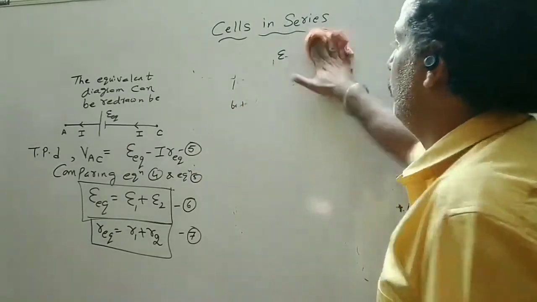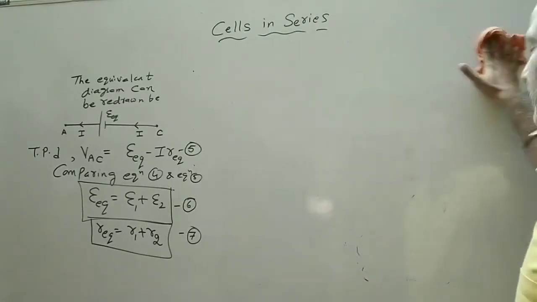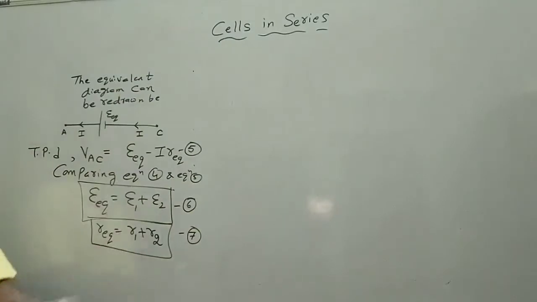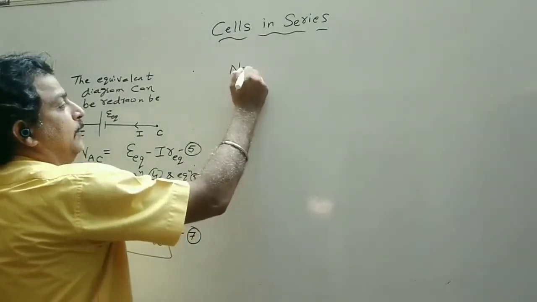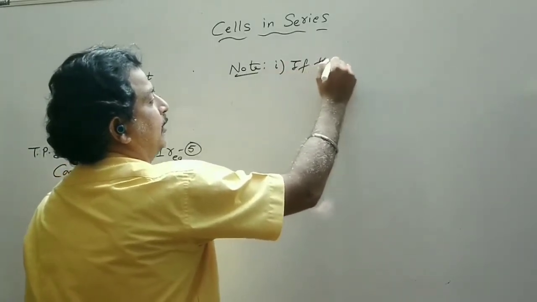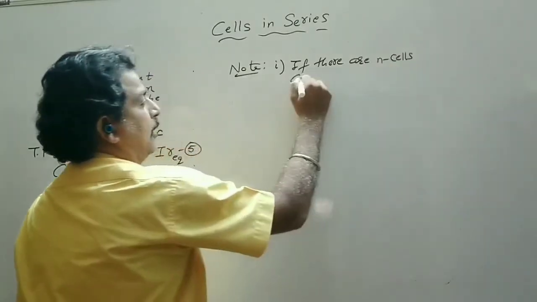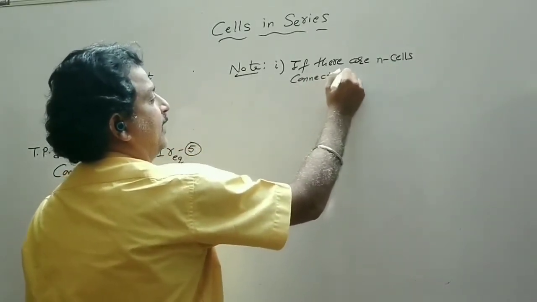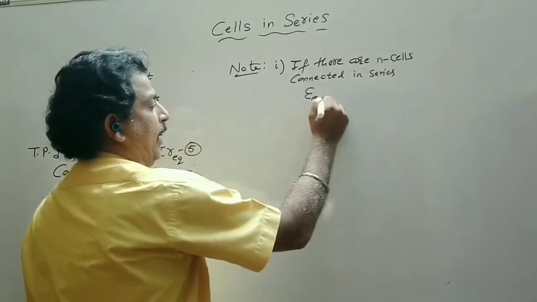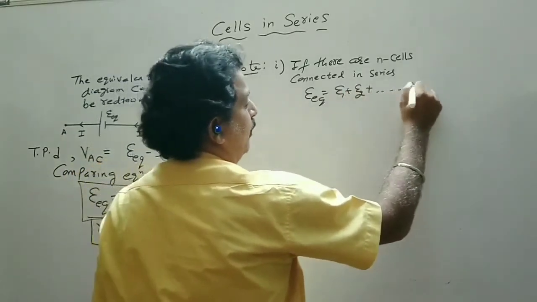If we have n number of cells, now we discuss the cases or the points related to this. So we have considered only two cells for derivation. Now note number 1, if there are n cells connected in series, then E equivalent will be equal to E1 plus E2 plus dash dash dash plus En.